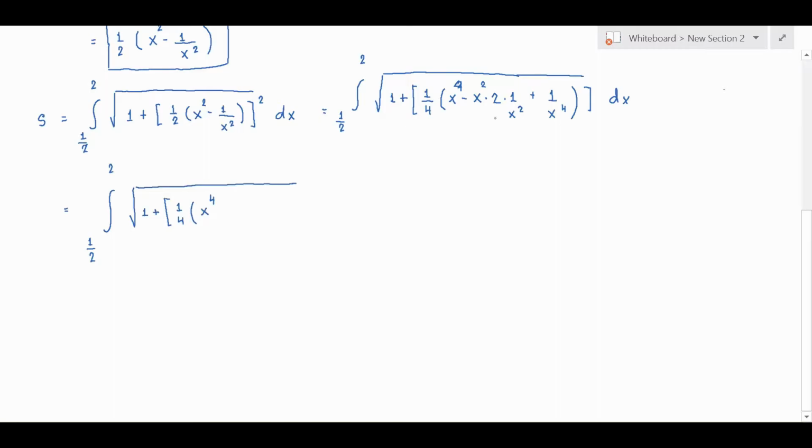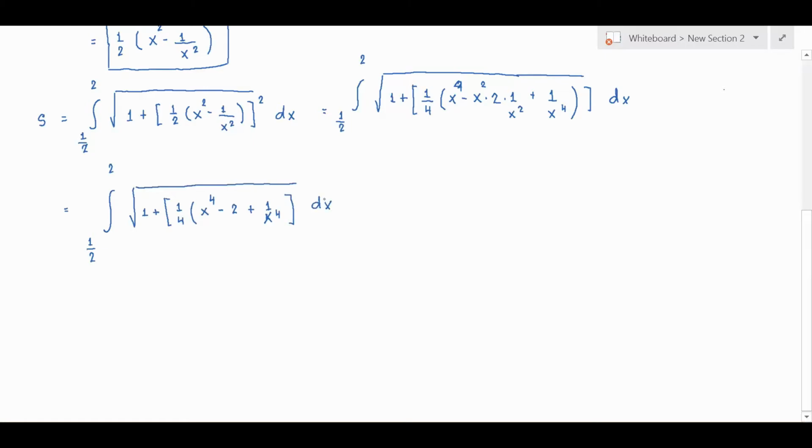The x squared cancels the x squared, and I'm left with minus 2, plus 1 over x to the 4th, dx.